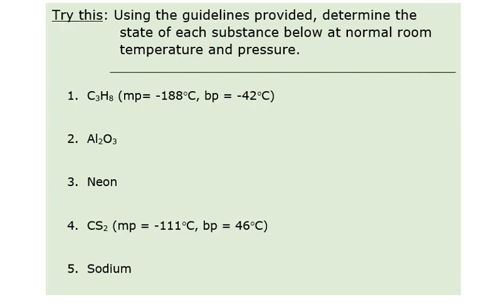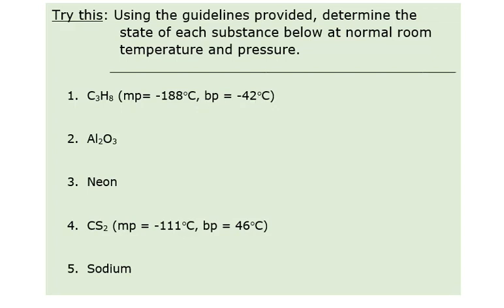Okay, the first substance, C3H8, which is actually propane, we have data, melting point and boiling point. What we have to do is determine where room temperature is compared to those numbers. Okay, and room temperature in degrees C is about 23. So 23 is higher than the boiling point.